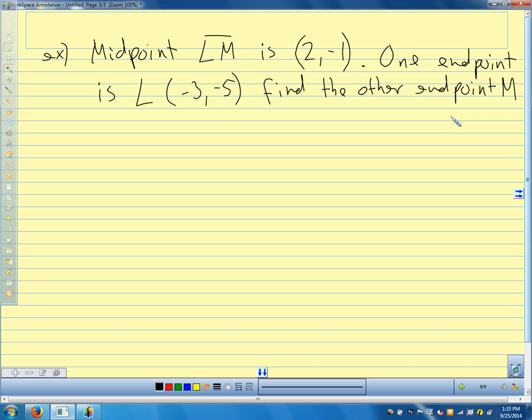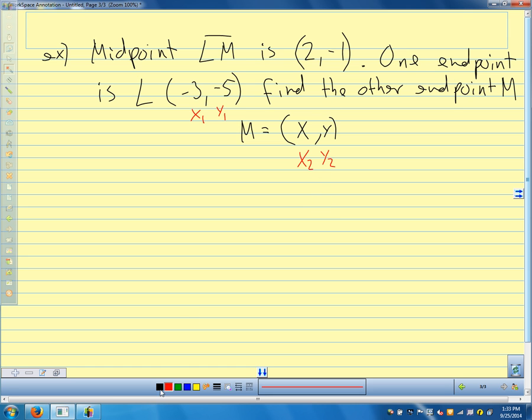We're still going to use the midpoint formula. Since we don't know what this other endpoint is, let's call it the point x, y. We don't know what it is, so let's just call it x and y. Let's give it a variable. And we're going to go through the same procedure. We're going to label one endpoint x1, y1, and I'm going to label the other endpoint x2, y2. I just don't know what this is.